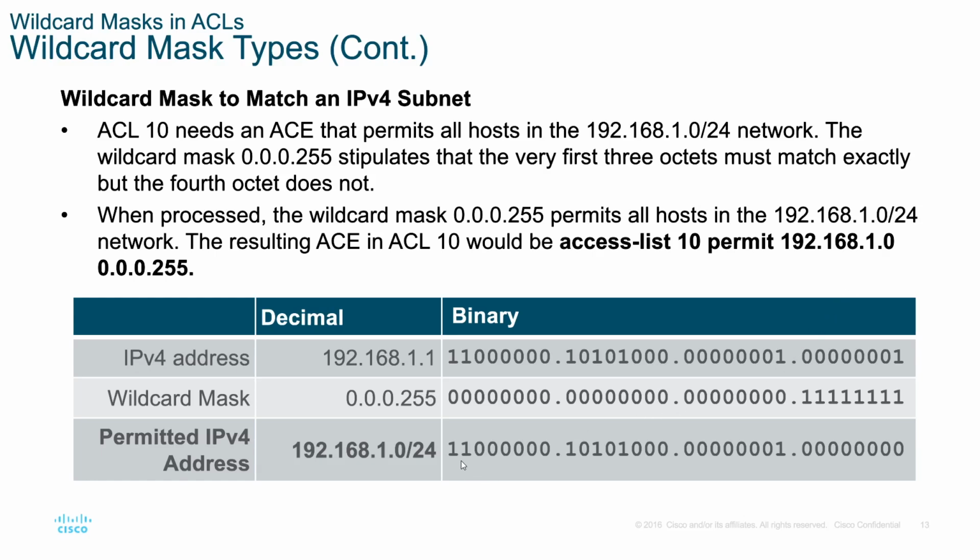So it doesn't matter what combination is in this last octet, as long as these 24 bits match, it'll be permitted through the interface. Now, the example we're looking at is a standard ACL, and it only checks the source IP address of the packet.